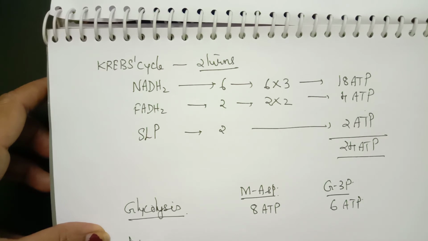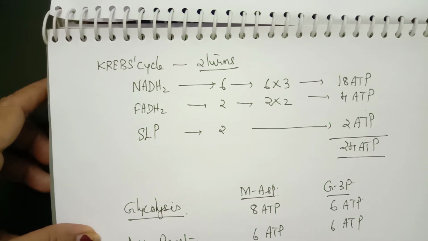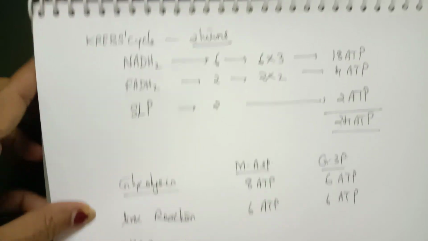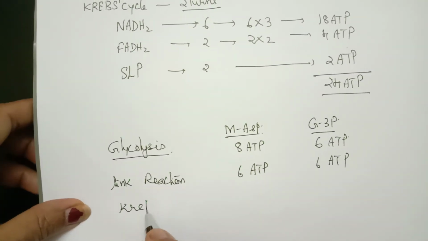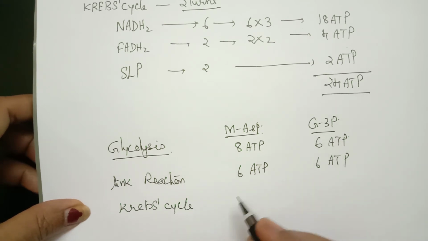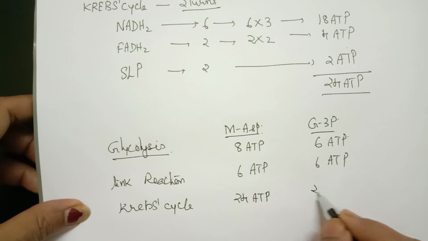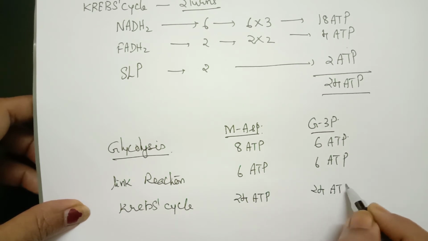Then in link reaction, we have 6 ATP. And in Krebs cycle, we have a total of 24 ATP.